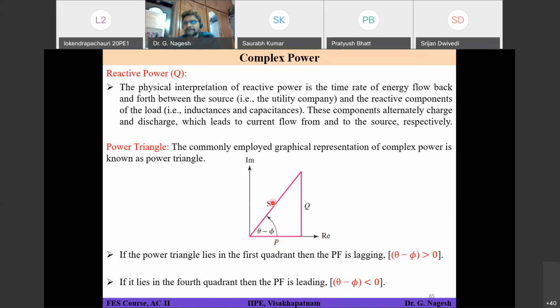Here I have written only S, but it is actually the modulus of S bar. S bar is the notation for complex power. The amplitude of S bar alone is your apparent power, V effective into I effective, that means square root of P square plus Q square. Is it clear now? So this power triangle is clear, right?